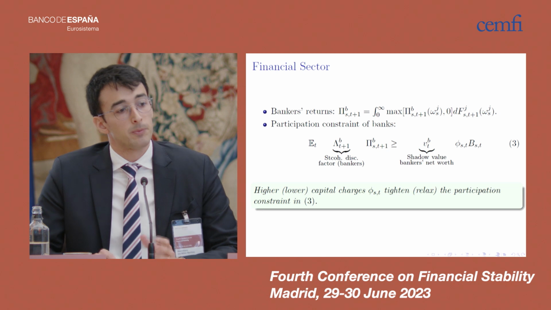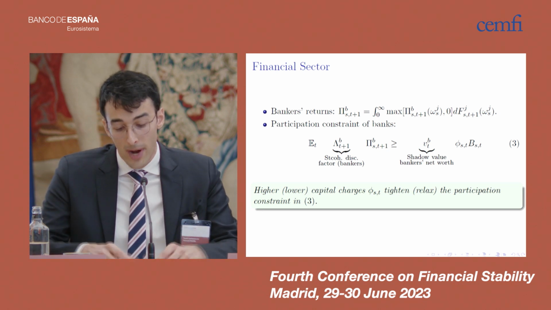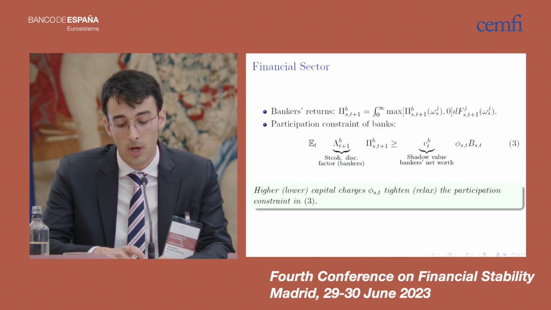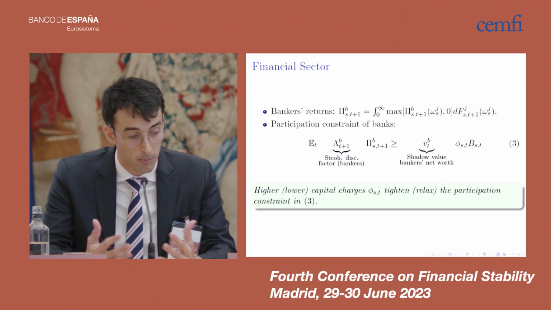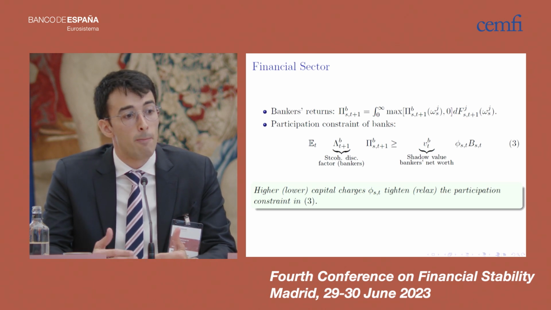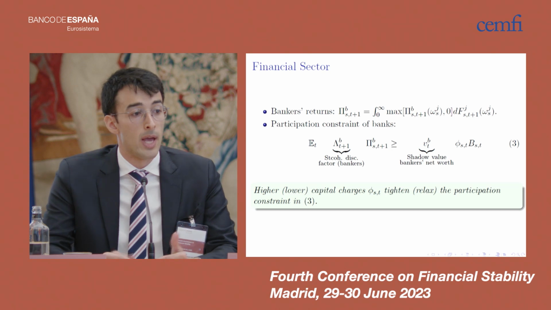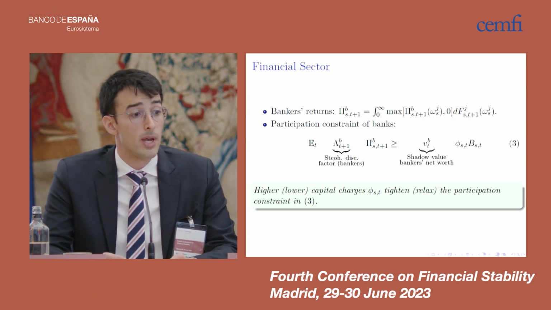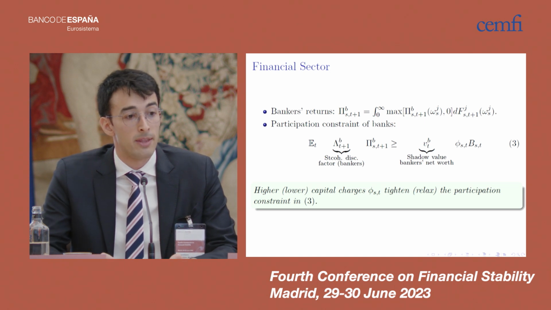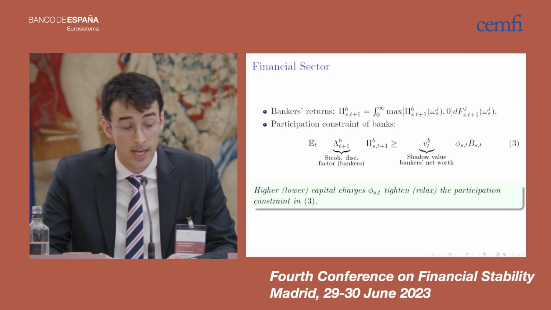So essentially, how credit is going to be allocated in this economy is going to be more or less as follows. Banks will offer borrowers a menu of contracts such that bankers are properly compensated by the value of the equity that they invest in the banks.